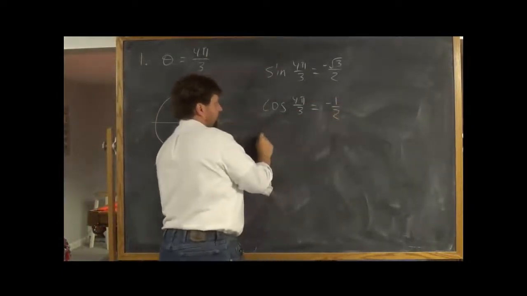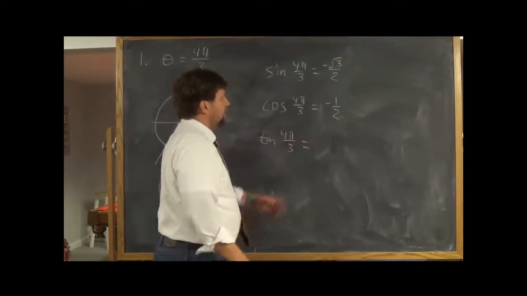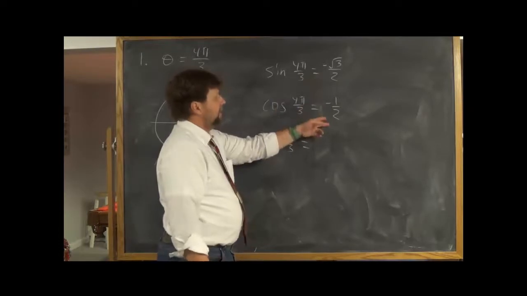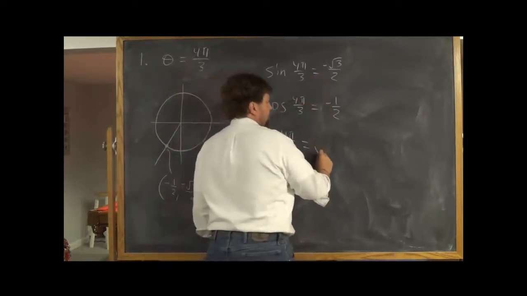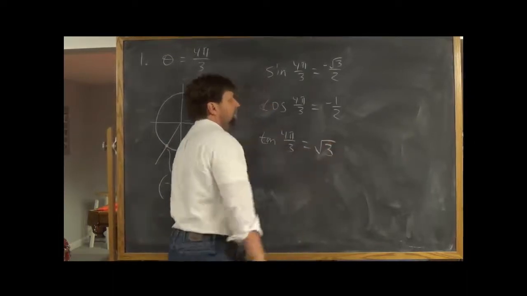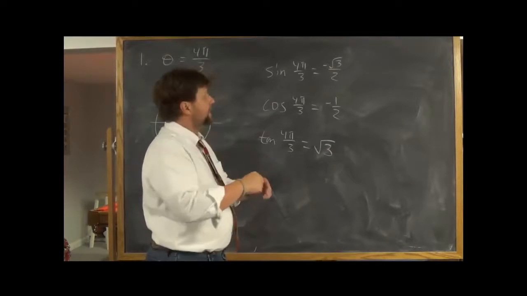And then the tangent of 4 pi over 3, well, you know that's sine over cosine, and sine over cosine here will simplify to just the positive square root 3. And then the other 3 are free using our reciprocal identities.